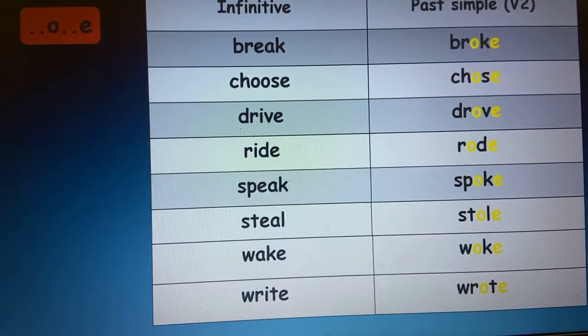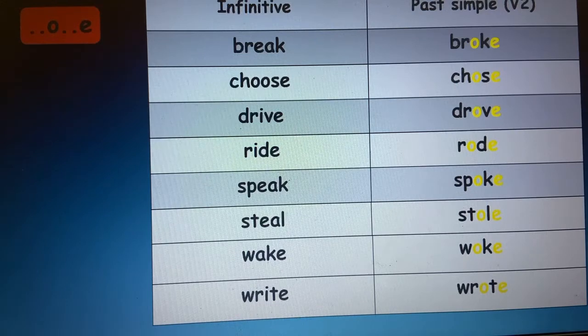Here we added O, then the last letter is E. Let's read the infinitive form. Break, and the past simple form is broke. Choose, chose. Drive, drove. Ride, rode. Speak, spoke.